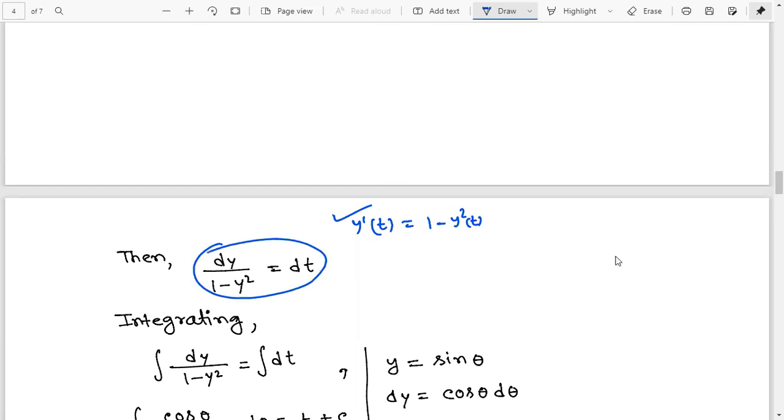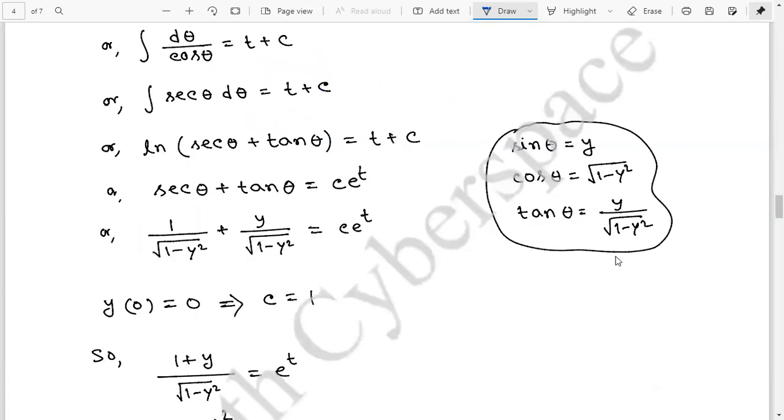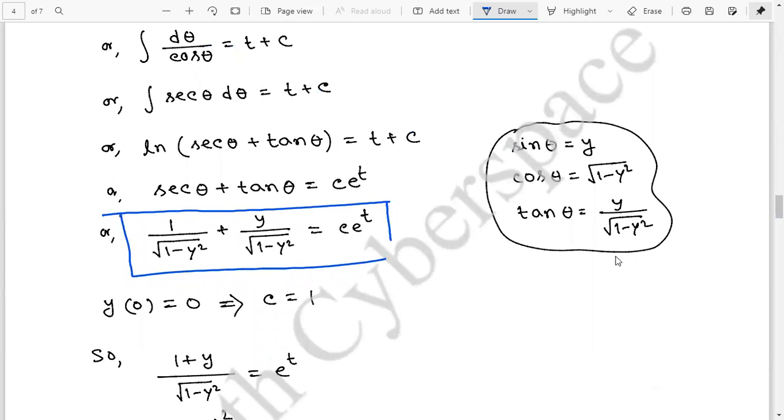Now if we integrate, this is the integration. If we put y equals sin theta, then dy will be cos theta d theta, and simplifying this calculation, finally we are getting this form. Now our condition is y(0) equals 0.